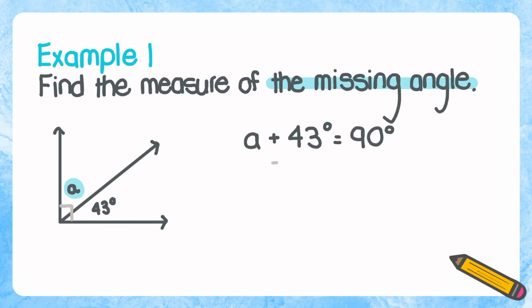From here, I can solve for A by subtracting 43 degrees on both sides. This cancels out, and I have A equals 47 degrees because 90 minus 43 is 47. So I use the fact that these two angles are complementary and add up to 90 degrees to find the measure of the missing angle.